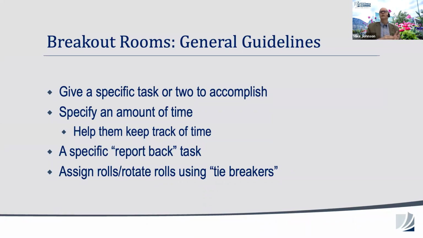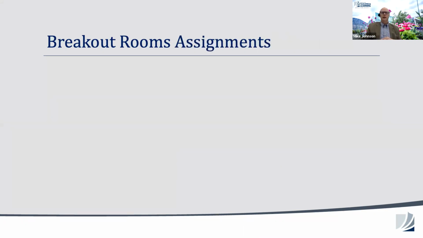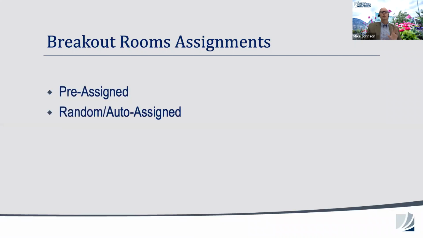You can have lots of other strategies for assigning roles, like who's going to lead the discussion, who's going to report back, who's going to be the scribe, all those kinds of things. In breakout, we're not going to talk about this too much, but you can pre-assign breakout rooms. You can also do random auto assign, and then you can manually assign on the fly.